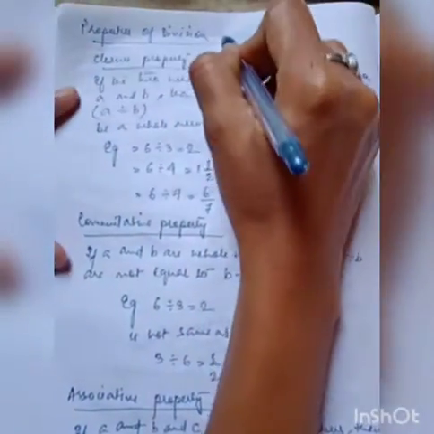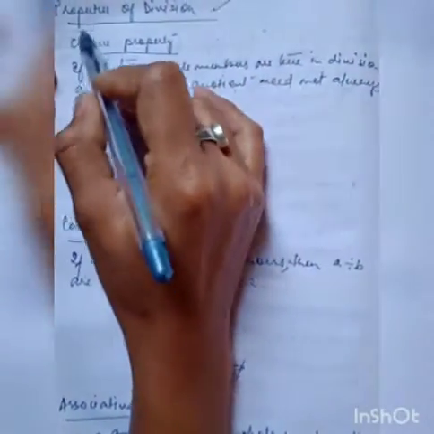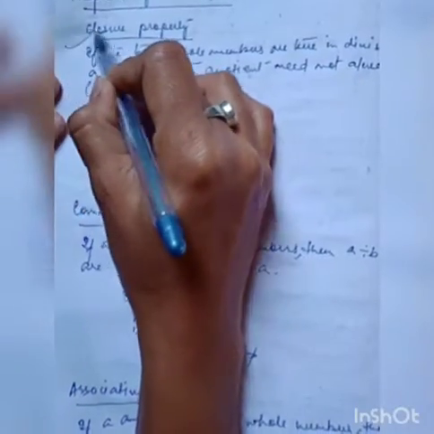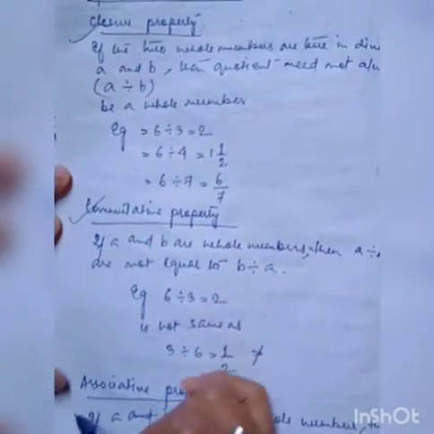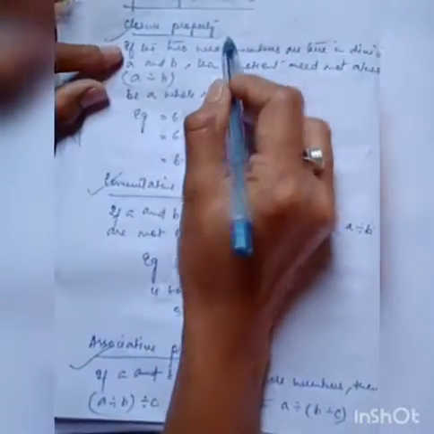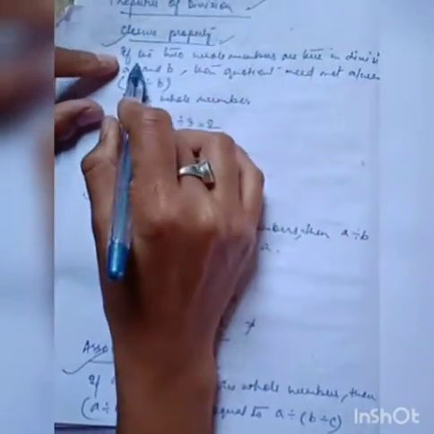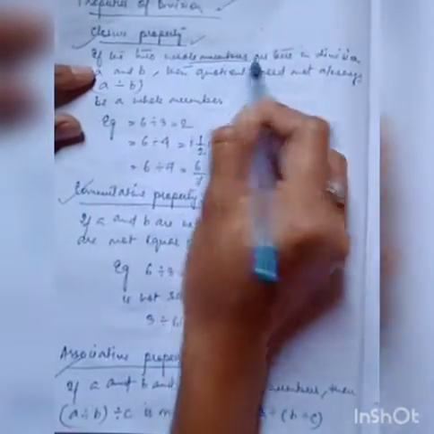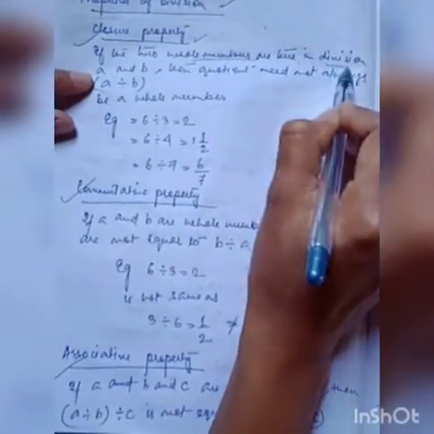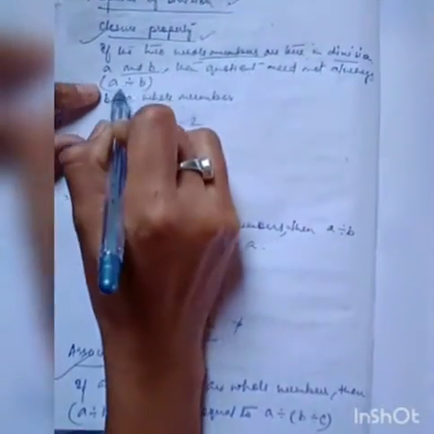Next come the properties of division. In properties of division, closure property, commutative property and associative property are there. In closure property, what happens if two whole numbers, for example A and B, are divided?